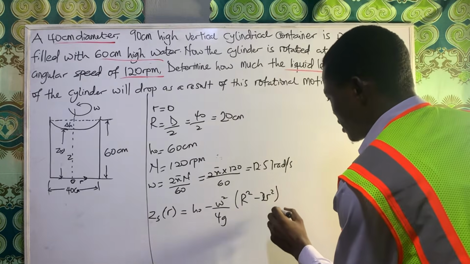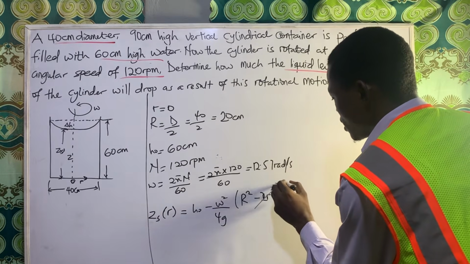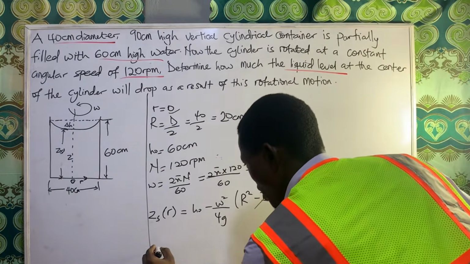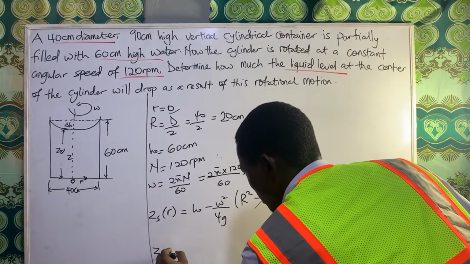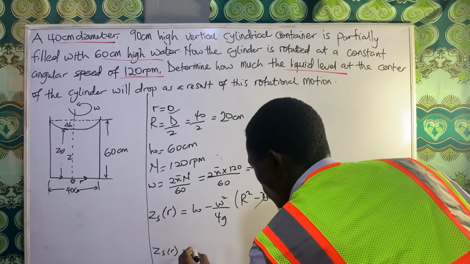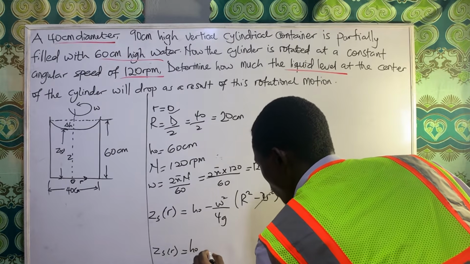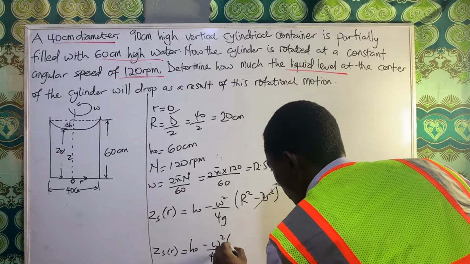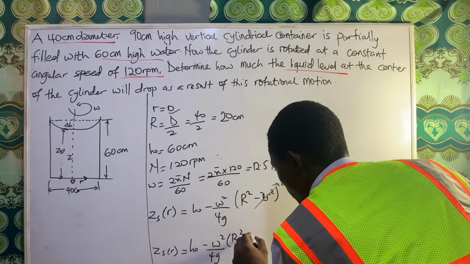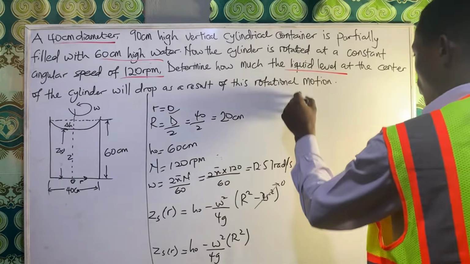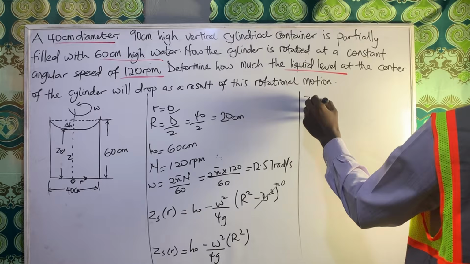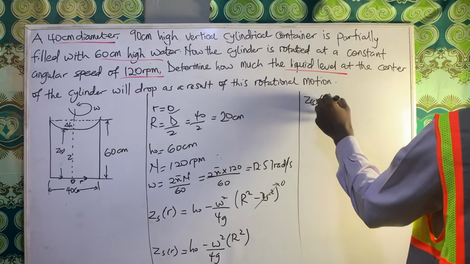Since small r is 0 from this part, this term will go out. So we'll have ZS of R equal to H naught minus omega squared over 4G times R squared. So let's input the information we have here.